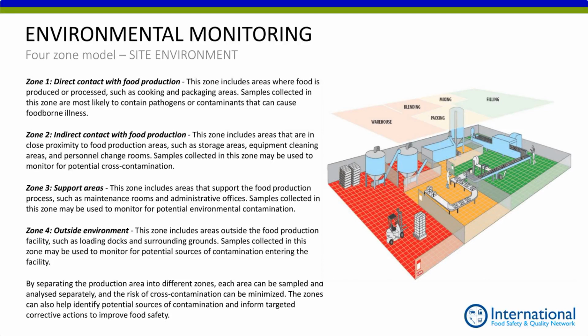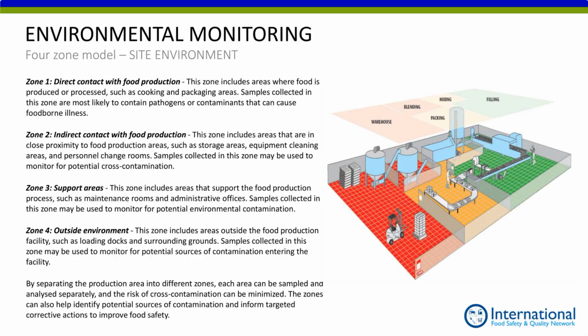They are most likely to contain pathogens or contaminants that can cause foodborne illness. And then you say, from the zone 1, I have walls, I have drains, I have specific parts of equipment in contact with product, and I will test this zone 1 for the presence of Listeria, that could be in drains or on walls, and I will test this zone 1 for the presence of total plate count to see is cleaning sufficient, etc.